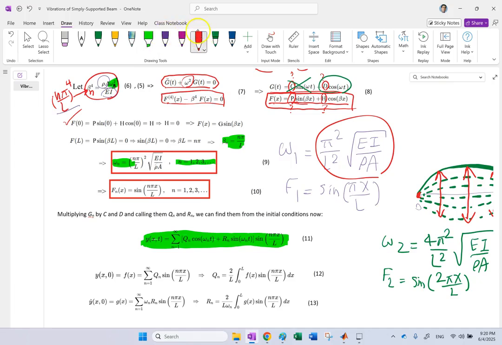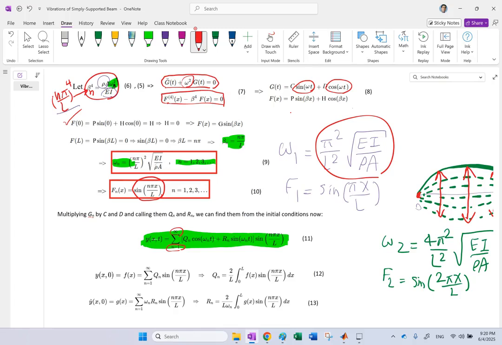Therefore, in your solution, n should go from 1 to infinity, where this x function should be multiplied by the g function, so that f is going to be multiplied by these two functions.